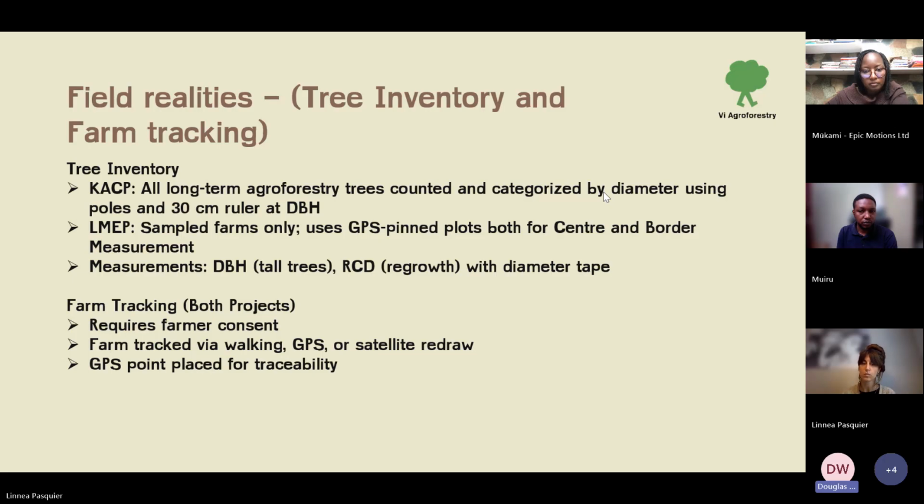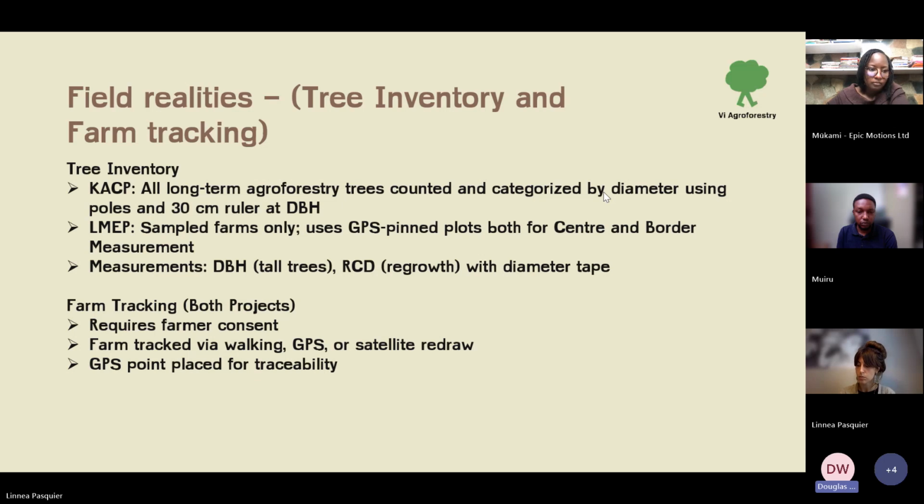Then we also proceed to the border, whereby we still navigate to find the GPS point. Then we always do measurement 20 meters on both sides along the border, still doing the DBH and the RCD.